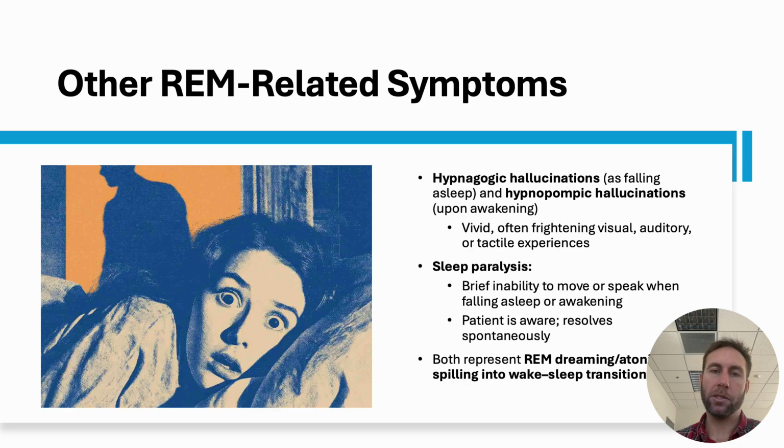So sleep paralysis is that temporary inability to move or speak during those transitions, again reflecting REM atonia, and in the wrong context, this is not good, especially if you were standing in the grocery line or something like that, and all of a sudden you lock up and you fall asleep on your feet right there holding all your groceries, or God forbid while you're driving down the road.